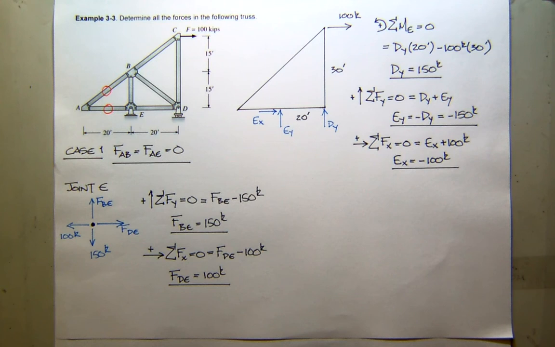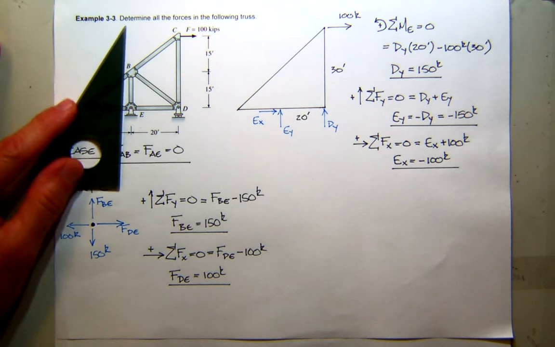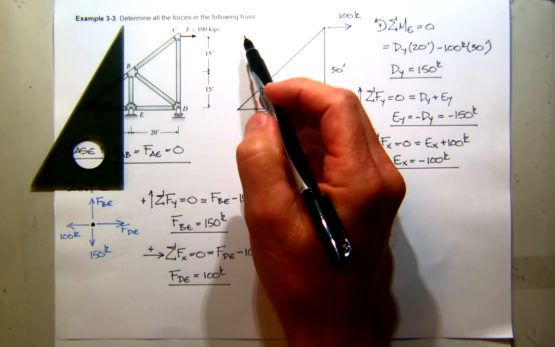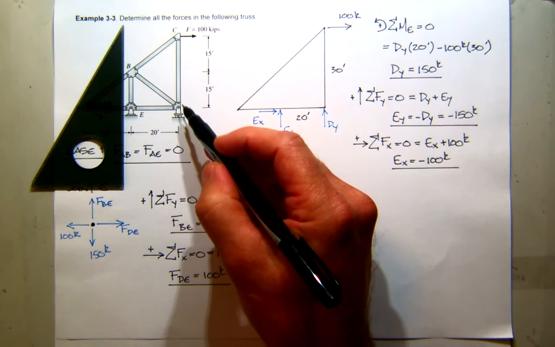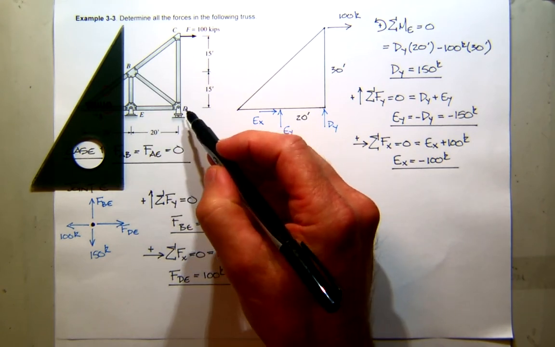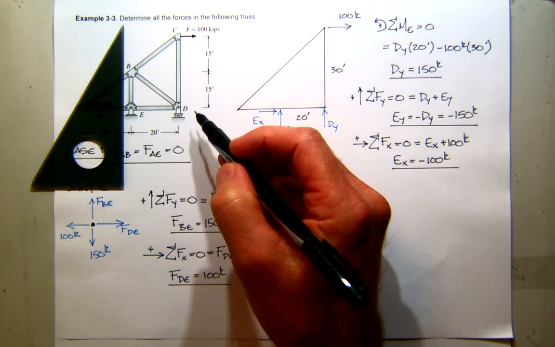Does that make sense? Yes. Well, let me just cover this part of the truss up to get it out of your mind. Now, if I pull, the only thing on this force is a horizontal force to the right. So what's going to happen to D? Is D going to move left or right? It's going to move to the right. So that means that DE is going to get longer.